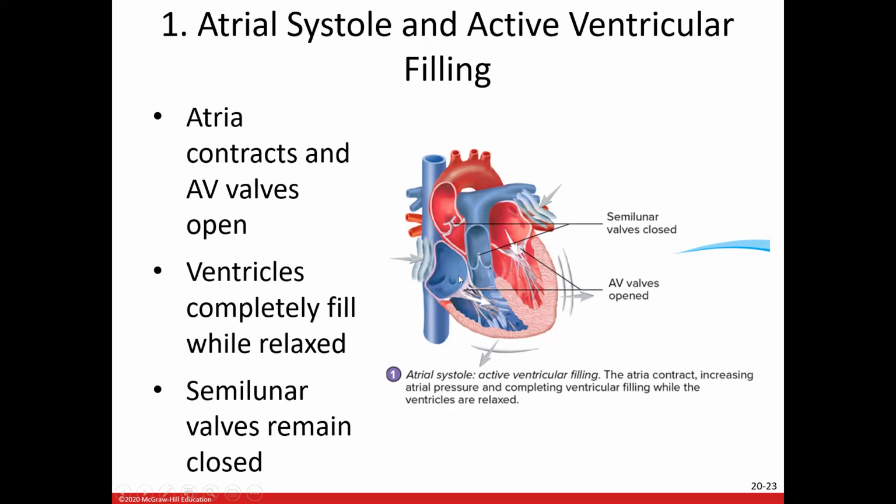And our AV valves, the tricuspid valve and the bicuspid valve, are going to open because blood's going to want to be moving through those canals. The ventricles are going to relax completely during this time, so blood can move from the atria to the ventricle. And during this time, the semilunar valves, your aortic semilunar valve and your pulmonary semilunar valve, are going to want to close.